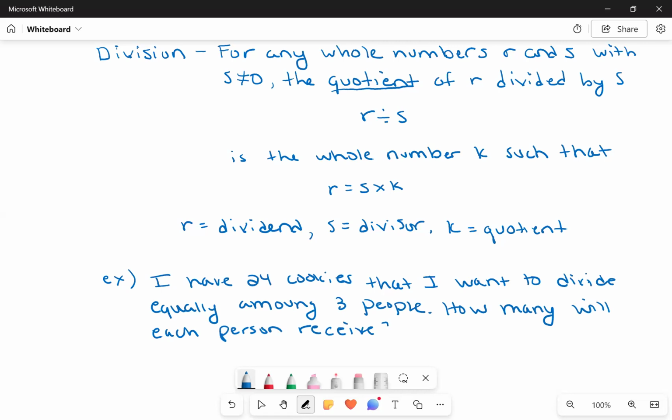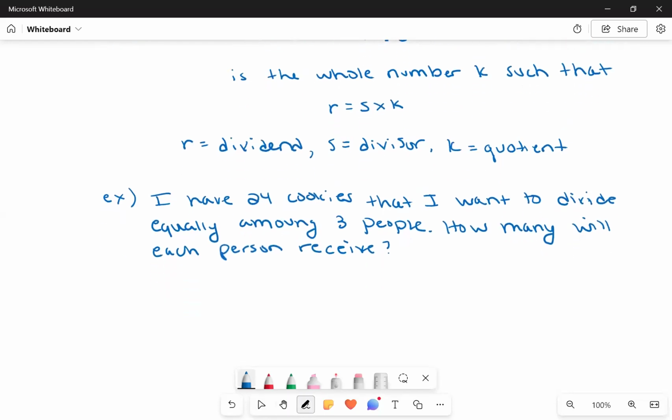All right. So when you think about how you would draw this, at least for me, I feel like I would draw 24 cookies and then create 3 equal groups. So here, that's what I'm going to do.